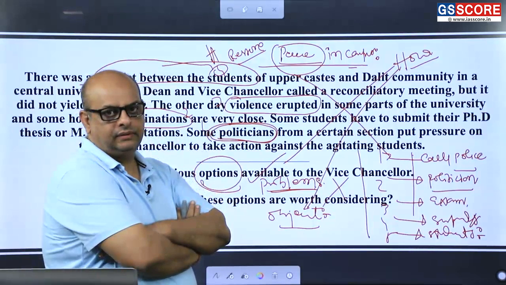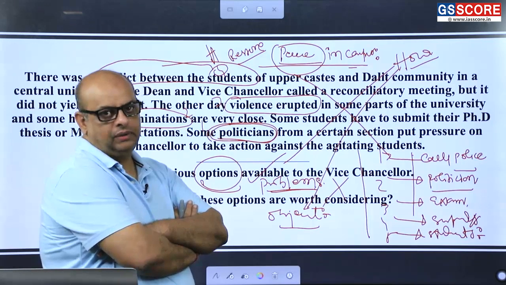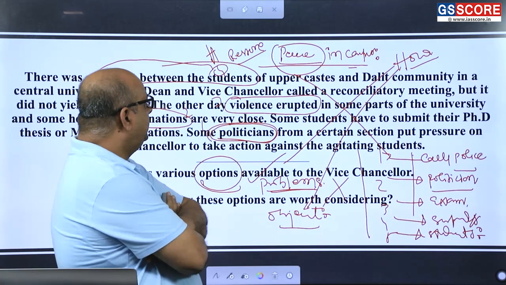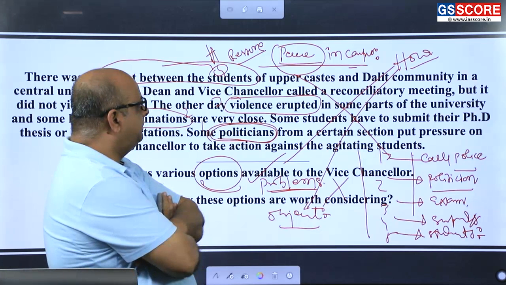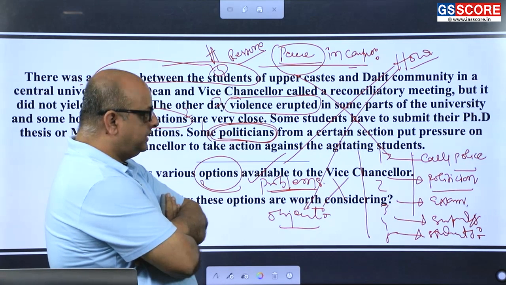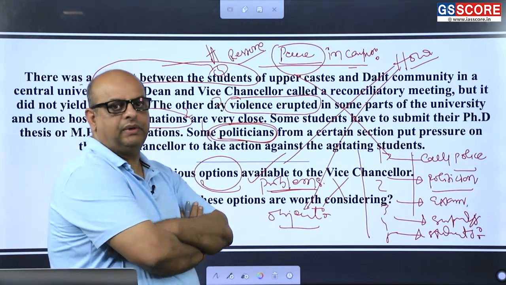Probably not. Probably not. Because when you say restore the peace in campus, and at the same time you are talking about calling the police, politician, postponing the exam, probably it will not serve the purpose.